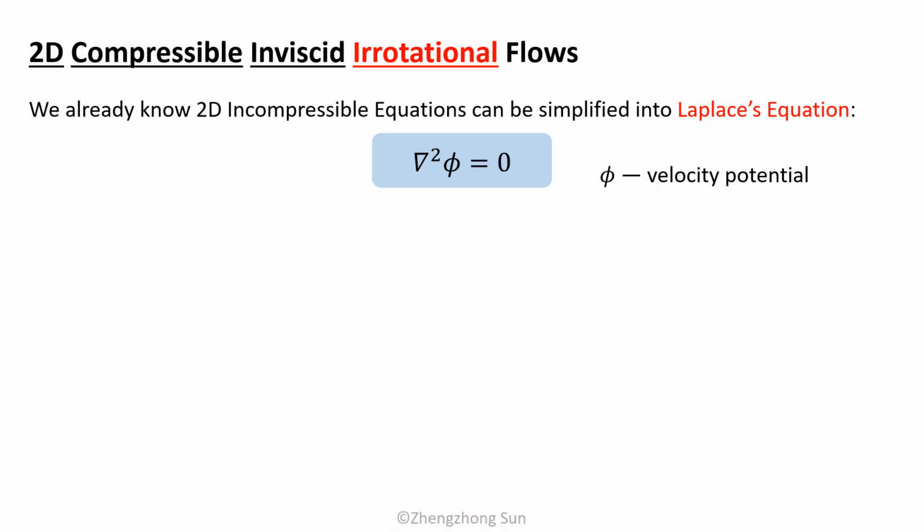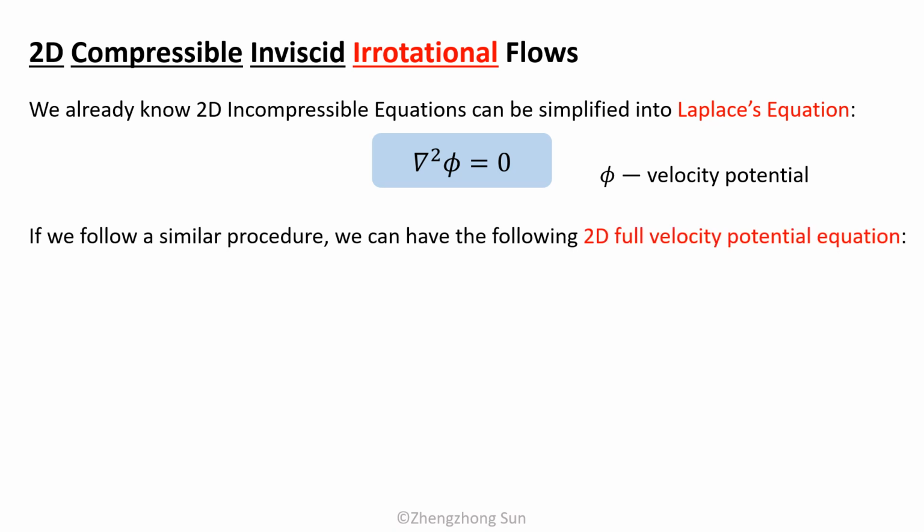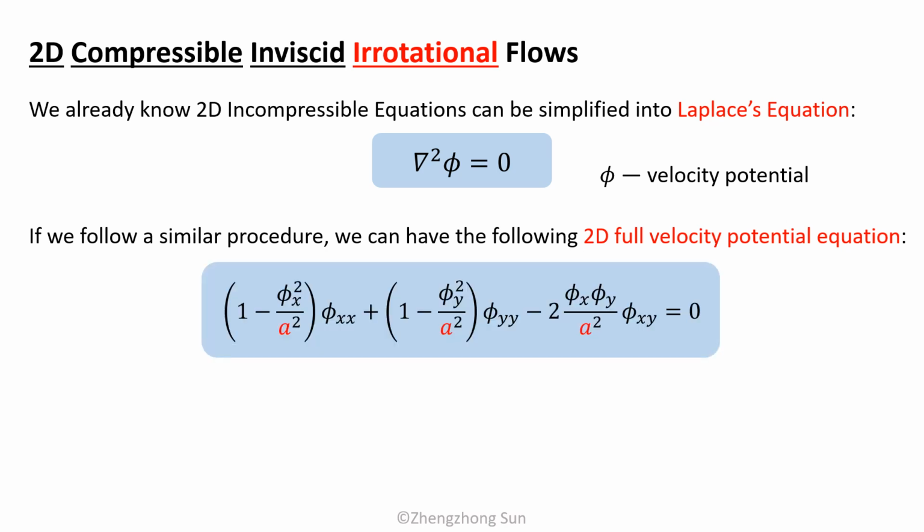How can we continue with the derivation? Just a short note: phi is the velocity potential. We follow a similar procedure as we derive the Laplace equation, and then we can have the following 2D full velocity potential equation.